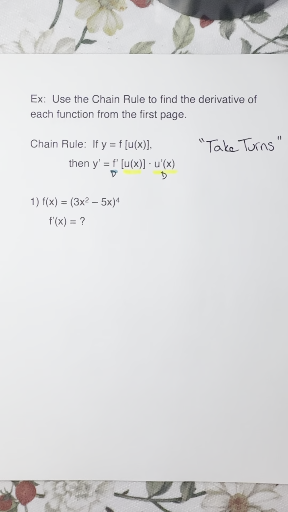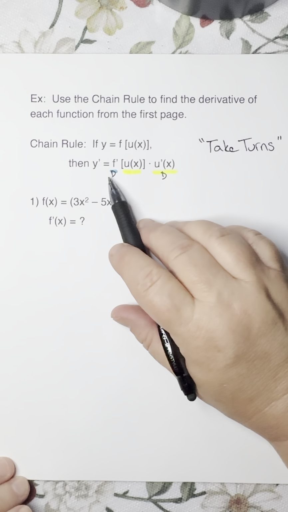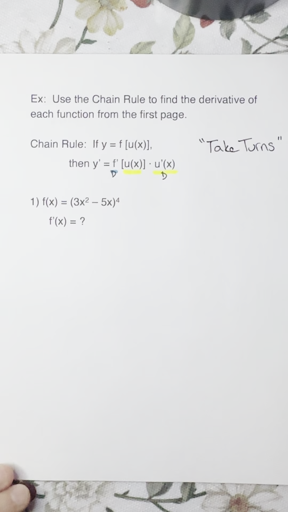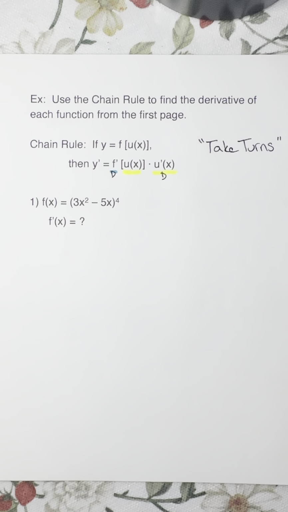Notice the interesting thing is there is no plain f, so it's not purely taking turns. F and u are going through different experiences, as it were. There's no plain f, just the derivative of f. But then you put normal u inside, and then you take the derivative of u.